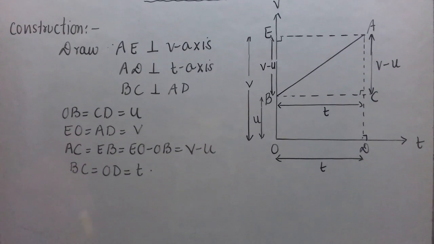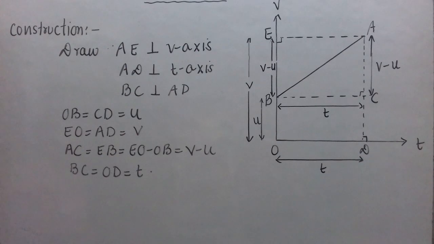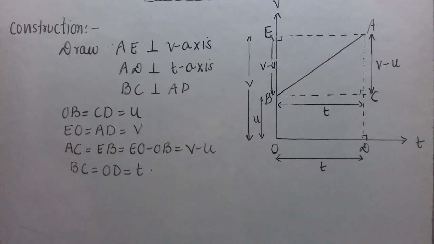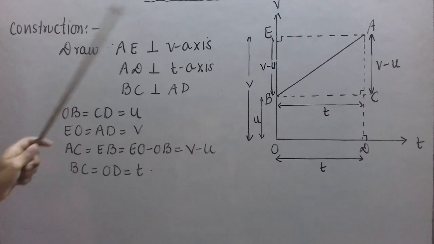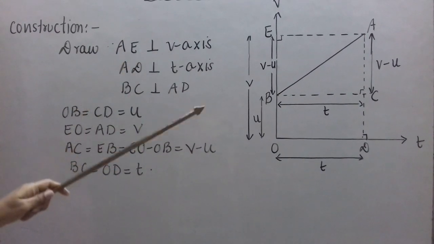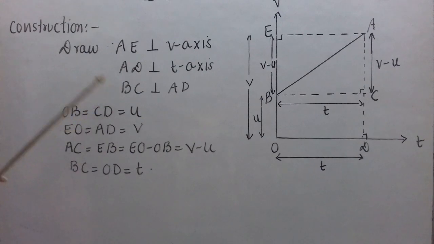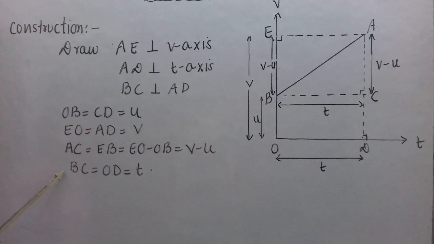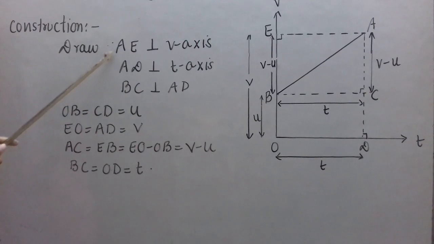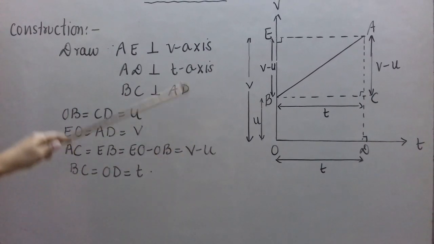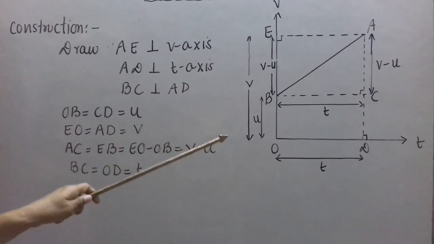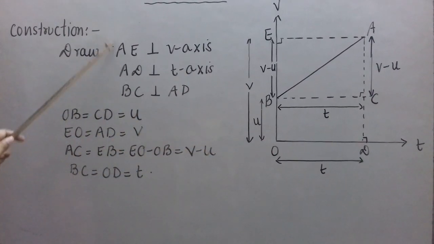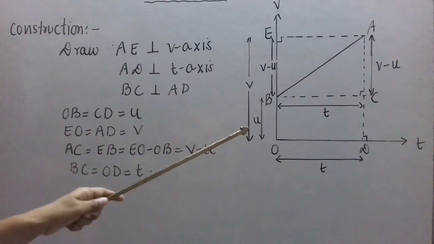So whatever in the introduction I have taken related to velocity and time, that I have represented on the graph. First I have drawn the simple graph, the correct graph, then the construction, then mention which sides are equal and what their values are. Suppose in the exam you don't want to write this, you can omit this part here, but at least your diagram should be fully completed, showing all this information.